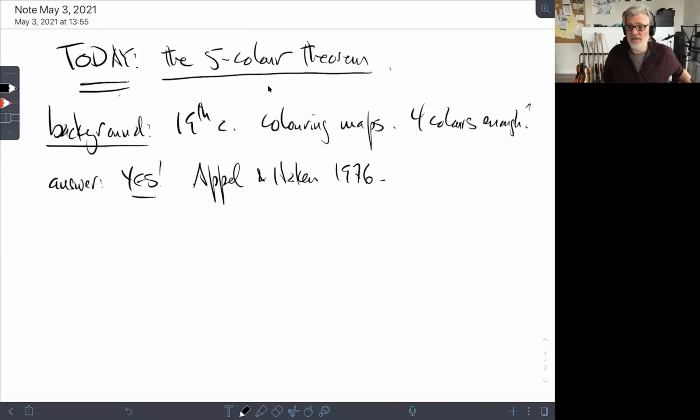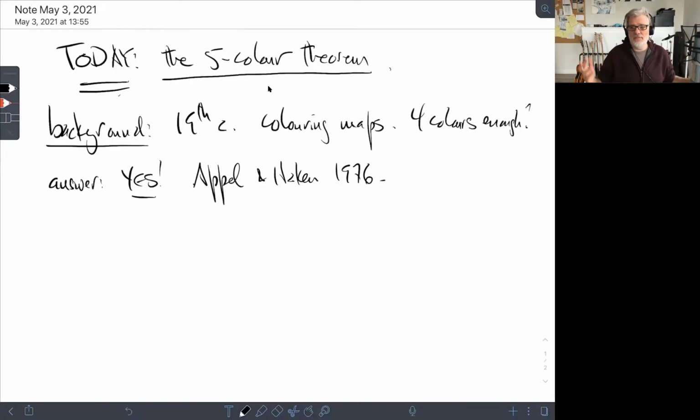But this proof has an interesting status in the mathematical world in that there's a big chunk of the proof which is brute force computing. So essentially the proof breaks down the problem and reduces it to a certain number of essential configurations. And if you can color those configurations, you are okay. But the number of configurations is immense.